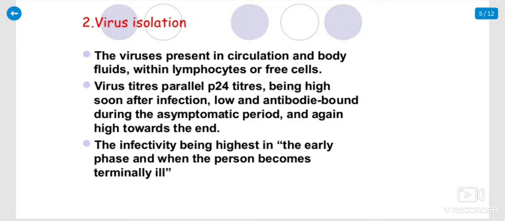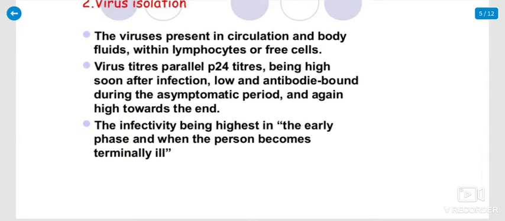The virus titers parallel P24 titers, being high soon after infection, low and antibody bound during the asymptomatic period, and again high towards the end.